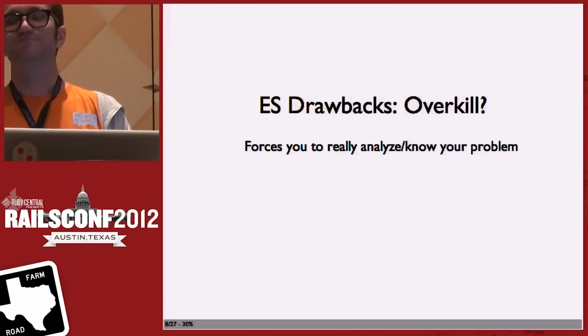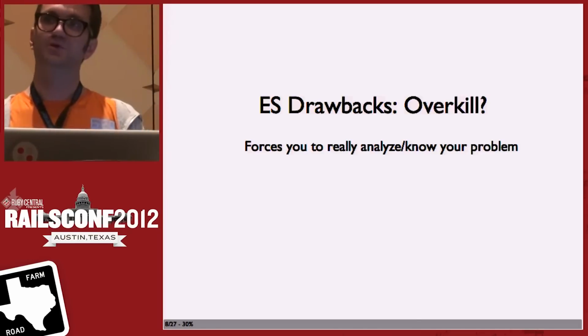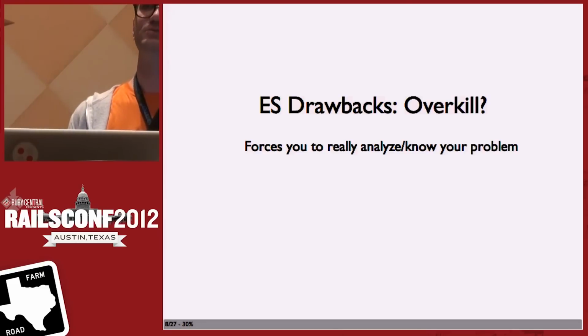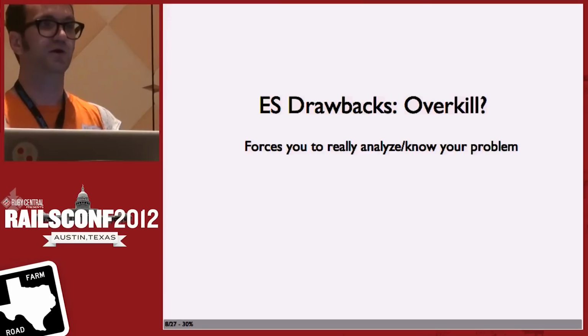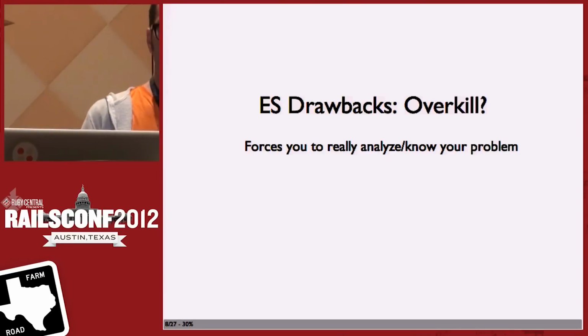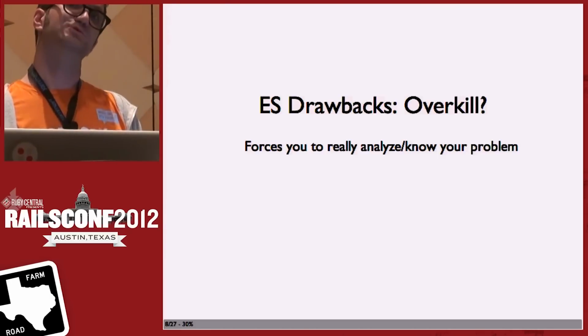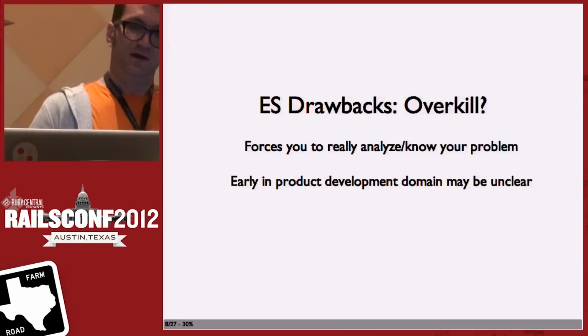The problem with that is it's not always clear what we're dealing with or talking about. When you're in a startup, you are very often creating your domain. You're creating a new problem, you're creating a new area of business. And so it's not possible sometimes to analyze your stuff.